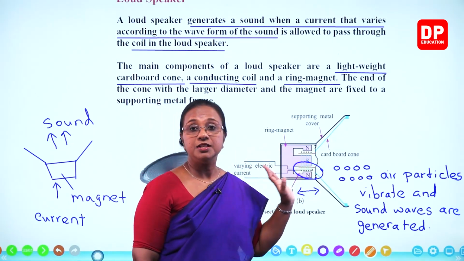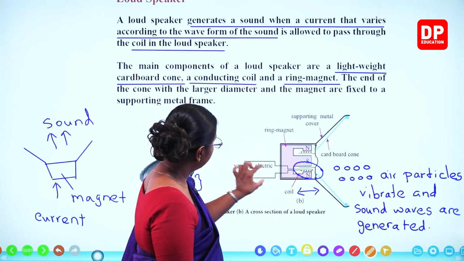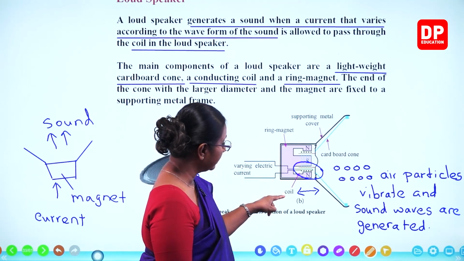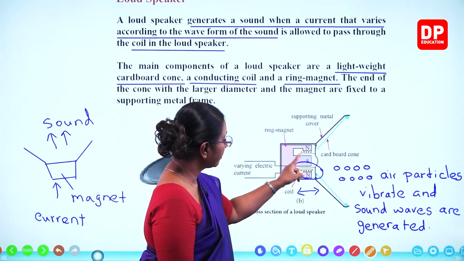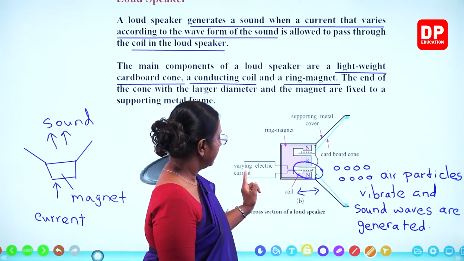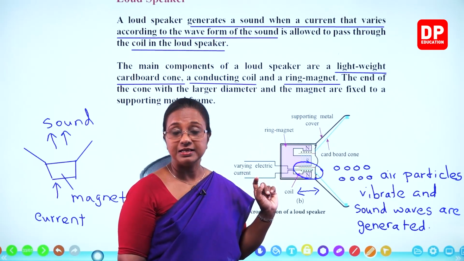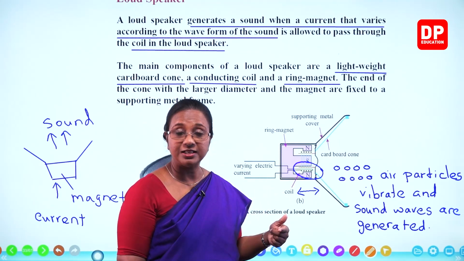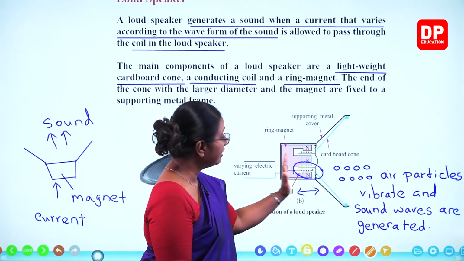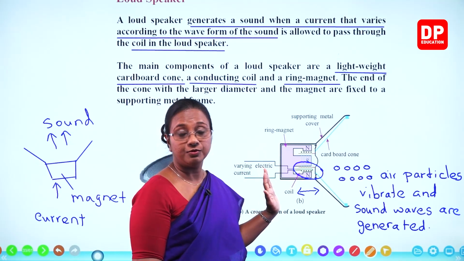Now this is what you need to understand. A varying electric current is supplied. There is a magnetic field. Because of that, when current flows through the conductor, that is the coil here, placed in a magnetic field, there will be a force acting on it. So due to that force, the coil will start moving back and forth.